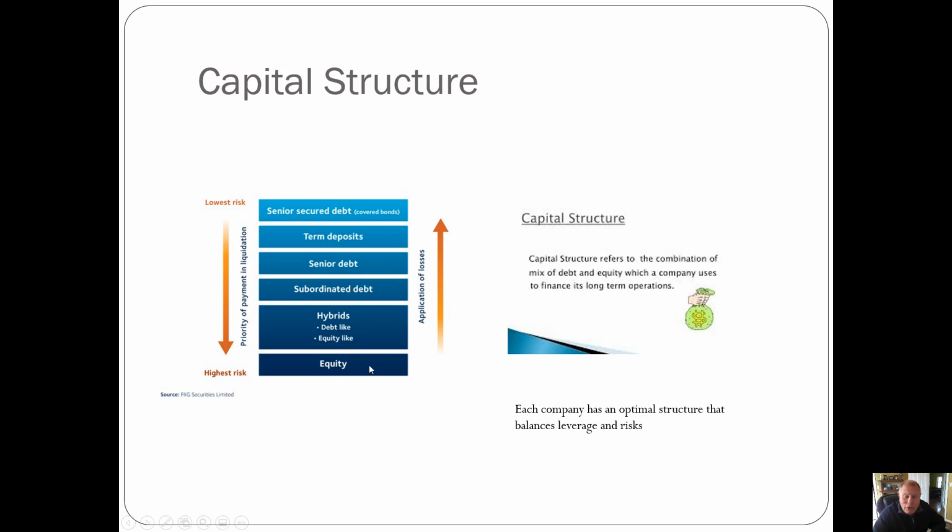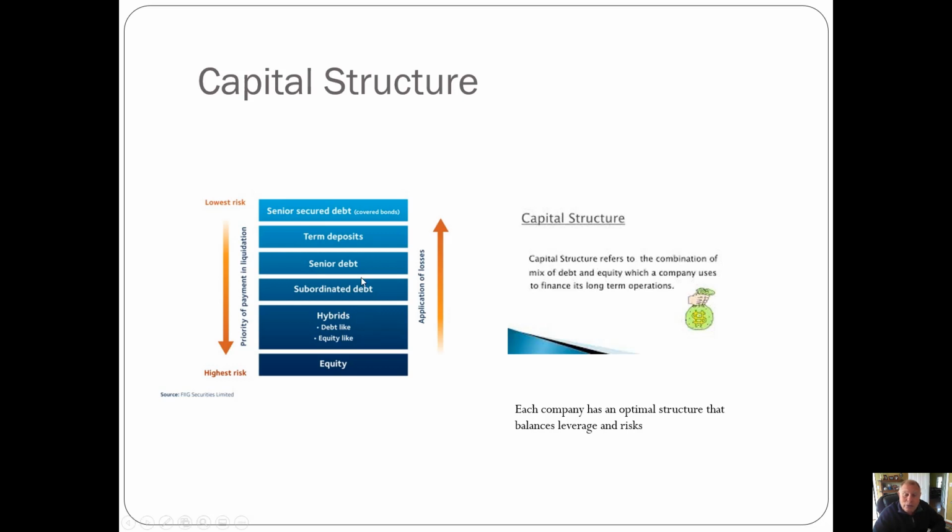We then move all the way to equity. There's deposit, senior secured debt, subordinated debt, hybrids. These can be preferred stock or convertible notes that are debt-like, okay, that have a fixed coupon or payment associated with them. But again, they have some components or opportunities to convert into equity.